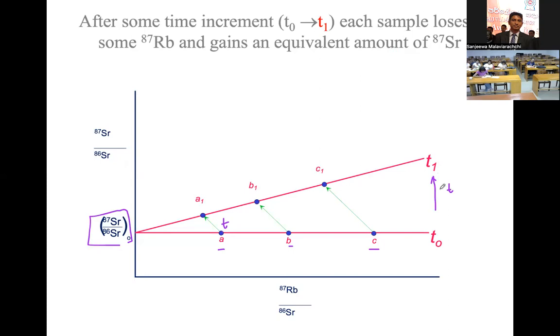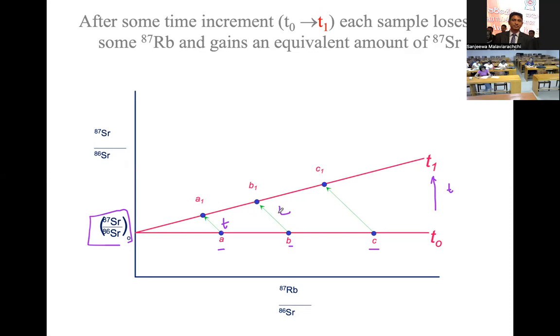So during this t time period, your rubidium-strontium decay will produce a new ratio, right? A new ratio, that is what you are measuring today, actually, because you don't know the initial ratio at the time of beginning. So these are the ratios produced and measured today.